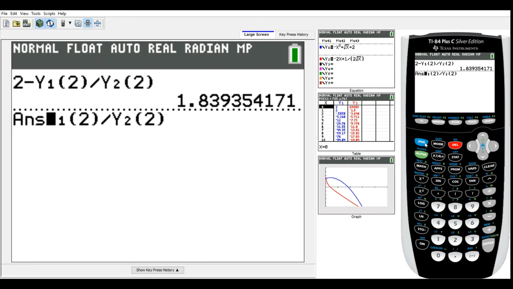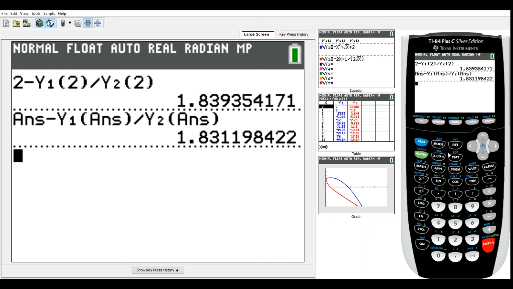So we have our second answer, and I'm going to insert my subtraction sign back there. And in place of 2 again, I'm going to hit second and then the negative sign for answer. And then I'll replace that last 2. Okay, there we go. And that's going to give us x3.